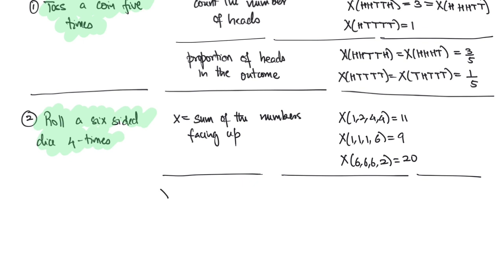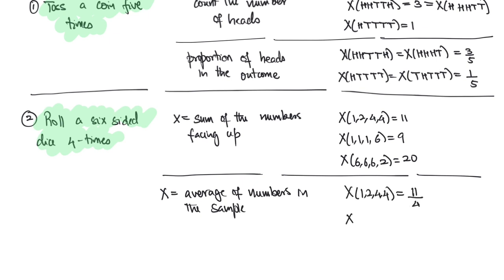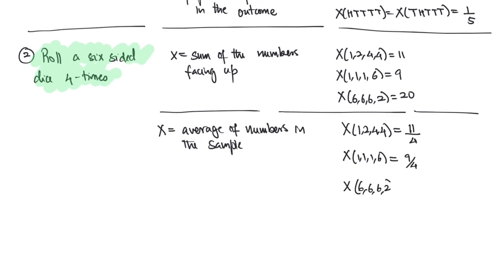We could also consider a random variable that calculates the average of the numbers in this sample. In this case, we will get values for the random variable to be 11 over 4, 9 over 4, and 20 over 4 for each of these respective outcomes.